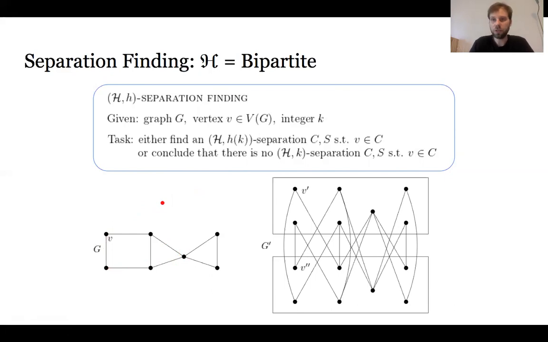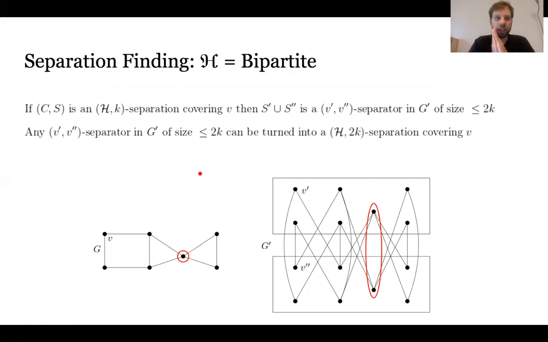And we construct an auxiliary graph G prime in which each vertex V gets 2 copies, V prime and V double prime, and each edge UV translates into 2 edges, U prime V double prime, U double prime V prime. And there is an observation that graph G is bipartite if and only if every vertex in G prime is disconnected from its copy.